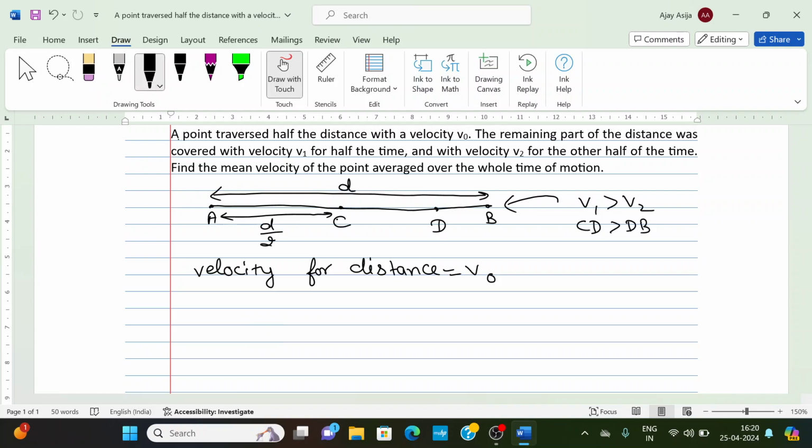Now, let us consider the time taken in traveling from C to B is T. Let us draw a time graph separately.